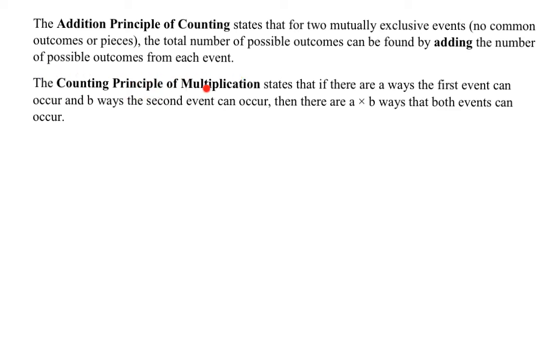The counting principle of multiplication states that if there are A ways that the first event can occur and B ways that the second event can occur, then there are A times B ways that both events can occur. So you're going to multiply the two numbers. And we'll look at examples that use both of these to help.